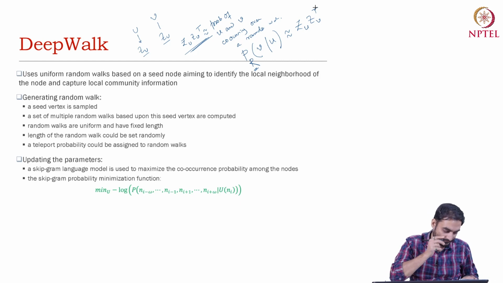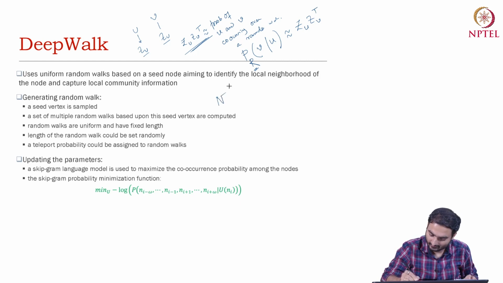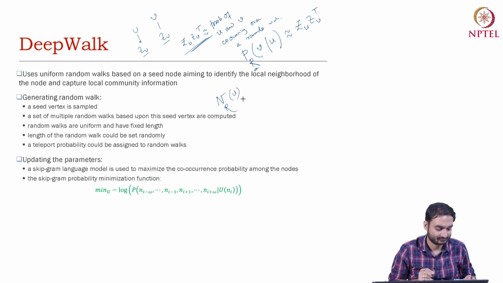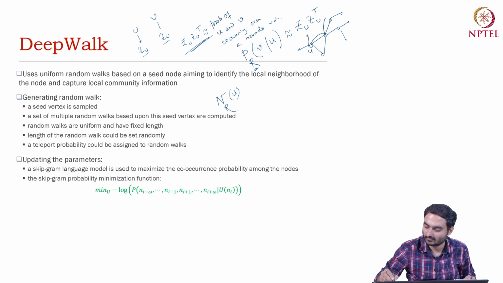Okay. So what we do here is define a neighborhood of node u using a random walk r. Let us say you have a network like this. You start an unbiased random walk from u, you move here, then you move here, and let us say the random walk size is 3.